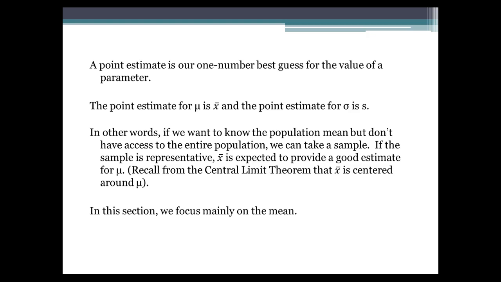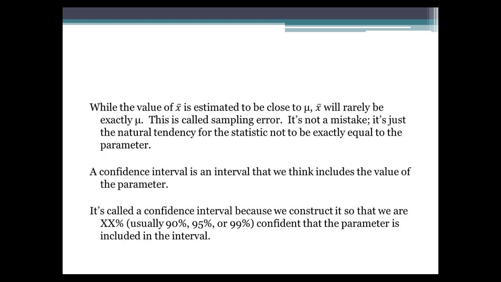So if we want to estimate the population mean, mu, all we have to do is use the point estimate, the sample mean, x bar. X bar is the point estimate for mu, and S is the point estimate for sigma. For right now, we're going to focus on the mean.